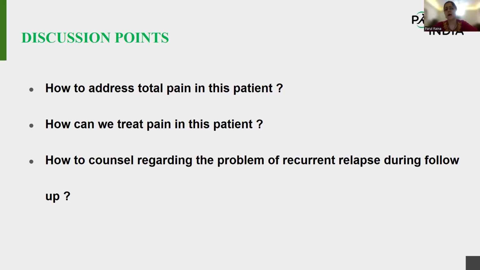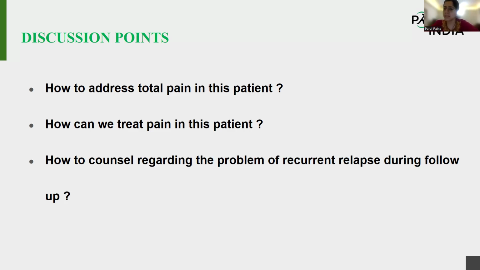Question number 2: how can we treat pain in this patient? I think a few of you have already spoken about that aspect. If you are just thinking about the physical aspect of the pain, steroids were already there. I think a local application with lignocaine was already given to her. I think an NSAID was not given.